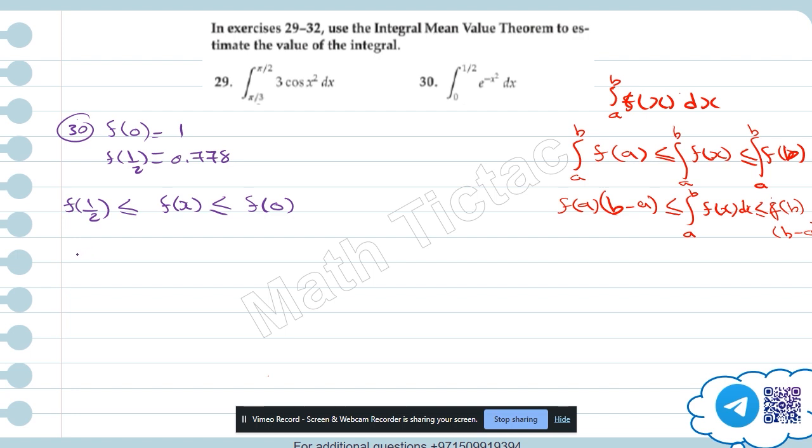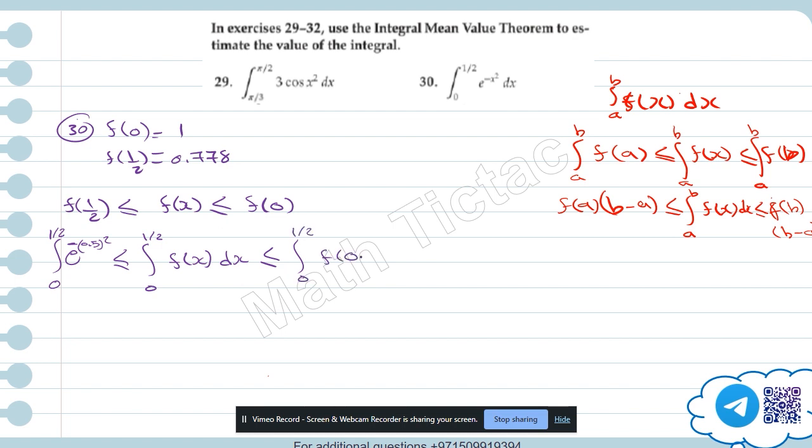So f of 1 over 2, which we already found, is e to the power minus 0.5 squared. For sure we need the integration also: the integration from 0 to 1 over 2 of f of x dx, less than or equal to the integral from 0 to 1 over 2 of f of 0.